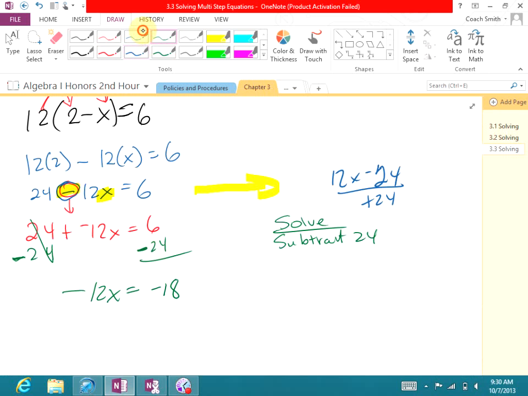So, now I have to solve by dividing by negative 12, not negative 72. So I divide by negative 12 to both sides.